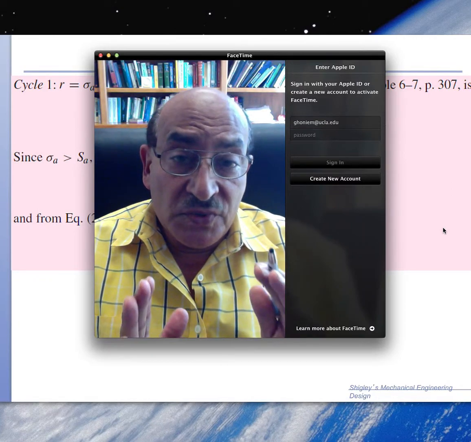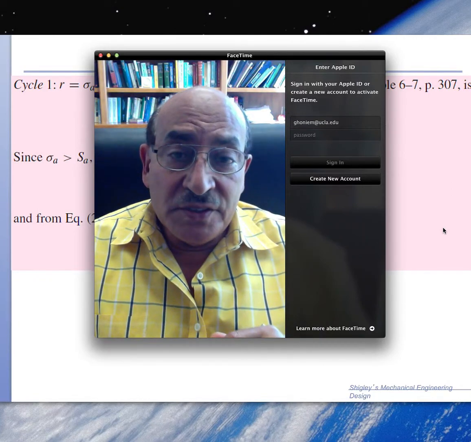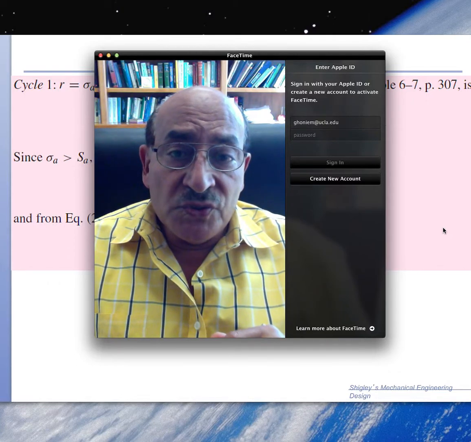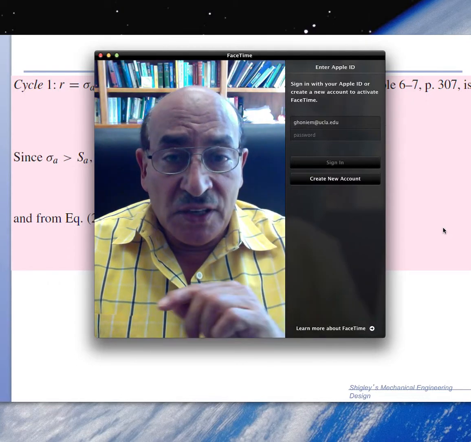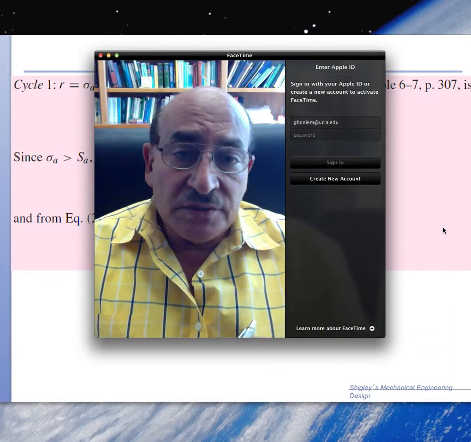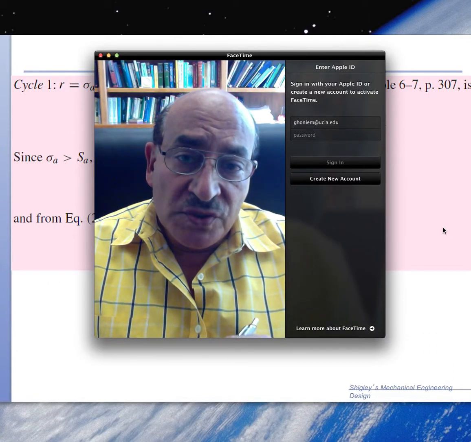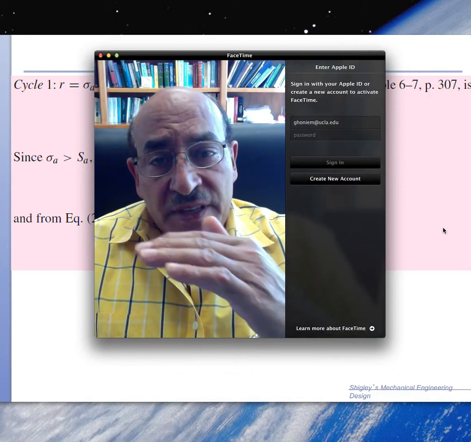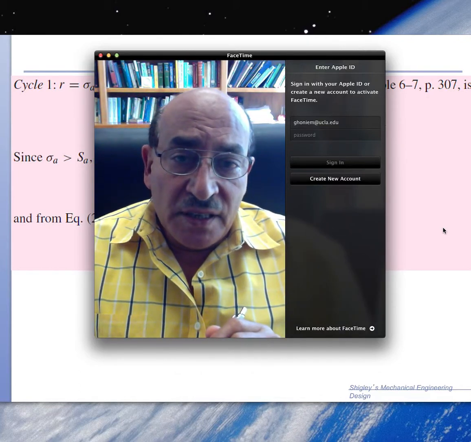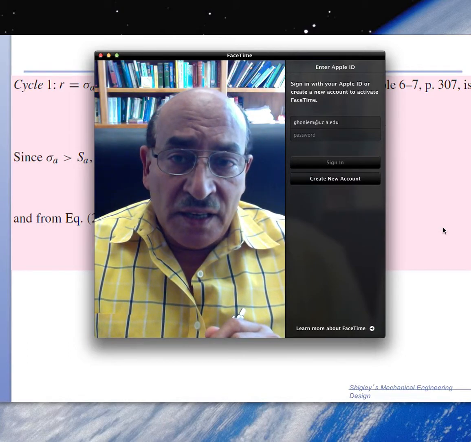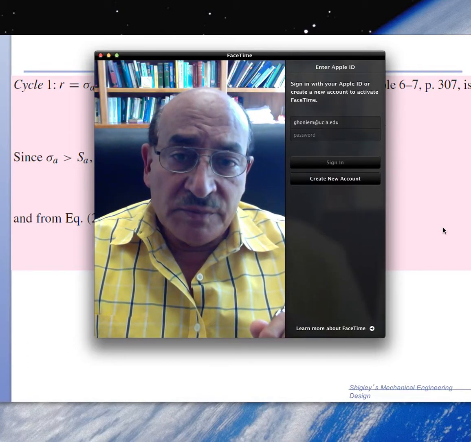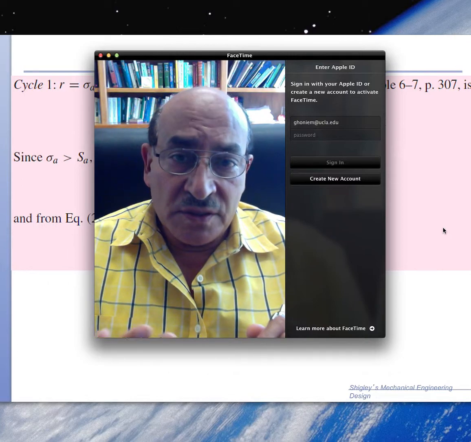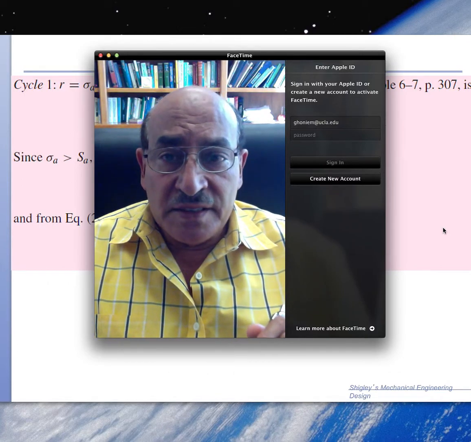In order for us to do this test, if you remember, we have to find the intersection between the load line, which is the ratio of the alternating to the mean stress level, and the bounding surface that we built based on either Goodman or Gerber or any other criteria.